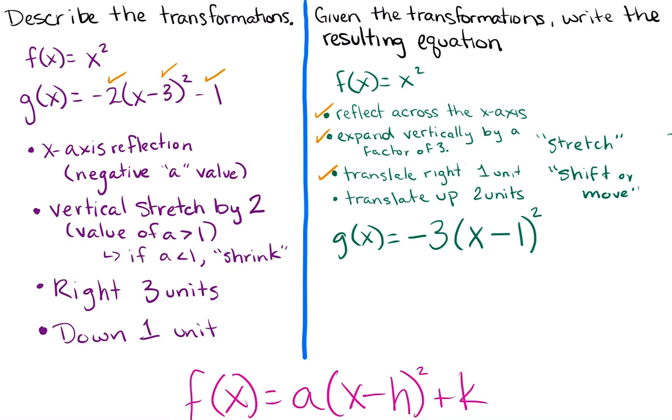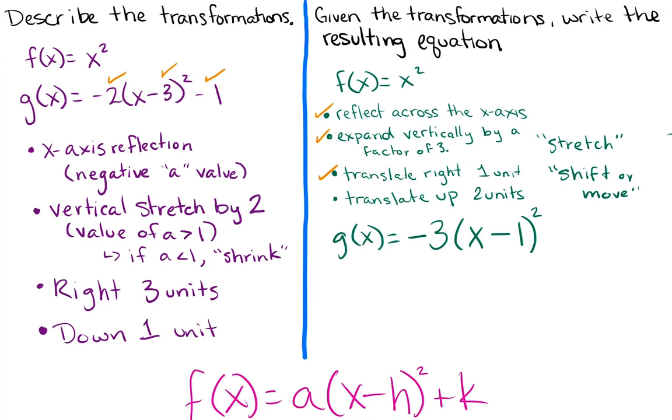And then my fourth one is to move up 2 units. Okay? I've said that A caused the stretch and the reflection, excuse me. I said that H caused the left and right movement, so the last letter for up and down is going to be K. And again, since K is true, whatever sign you see is what you should be putting in the equation.